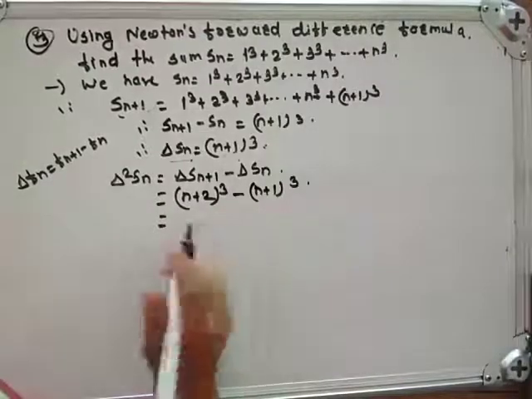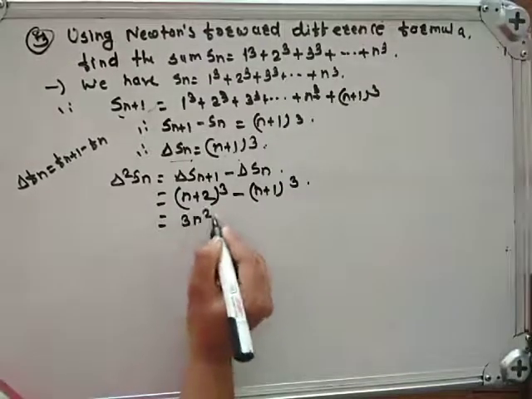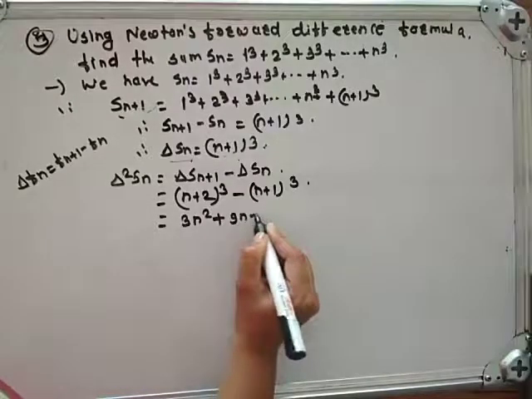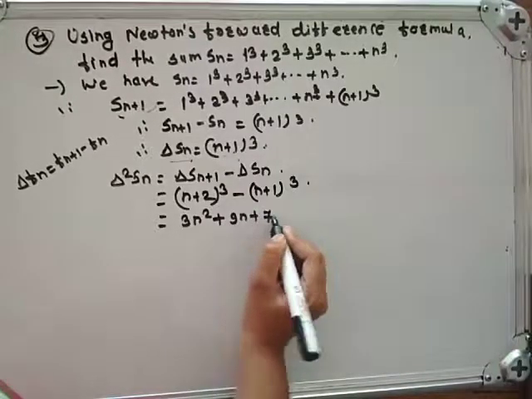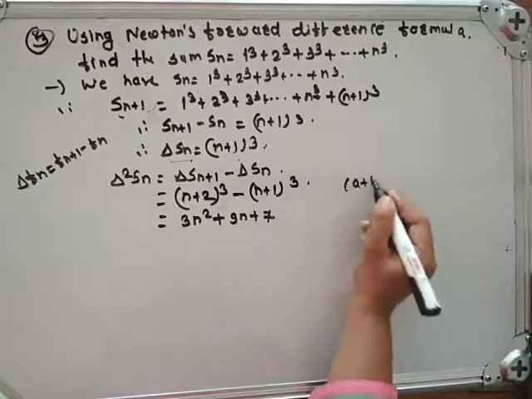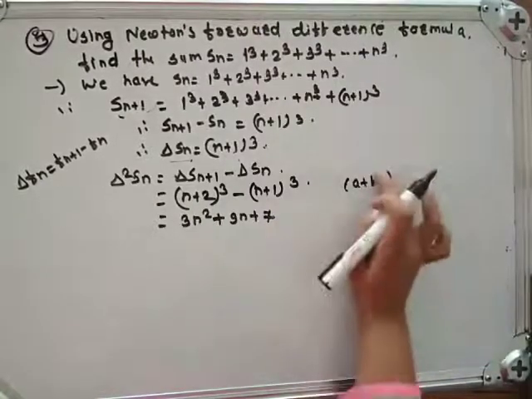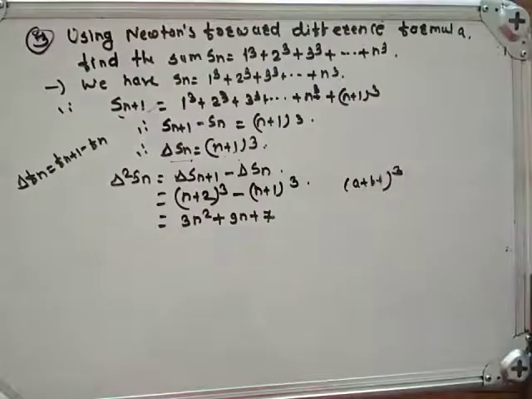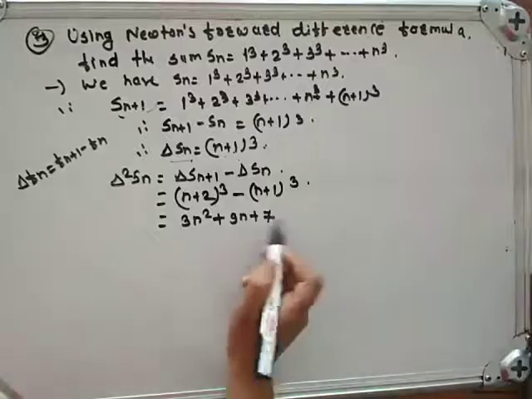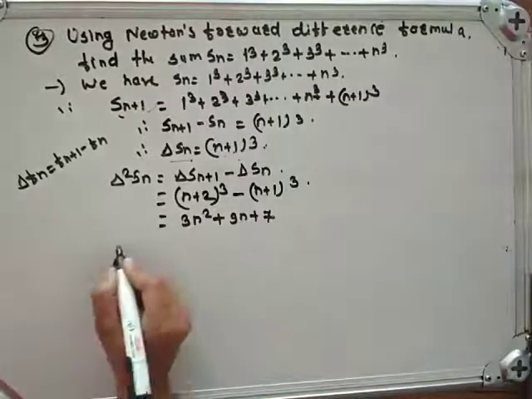Simplify this, use the formula of (a+b) cube and simplify. Then you will get 3n square plus 9n plus 7.